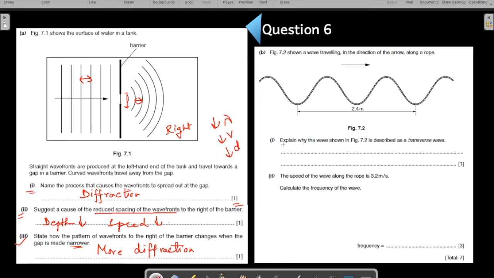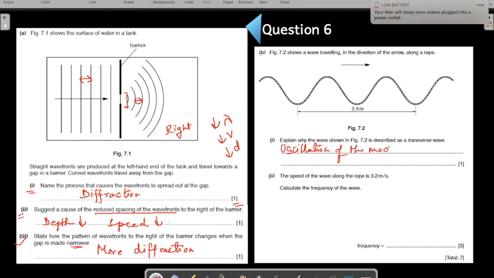You say that the oscillation of the medium is perpendicular to the direction of wave travel.